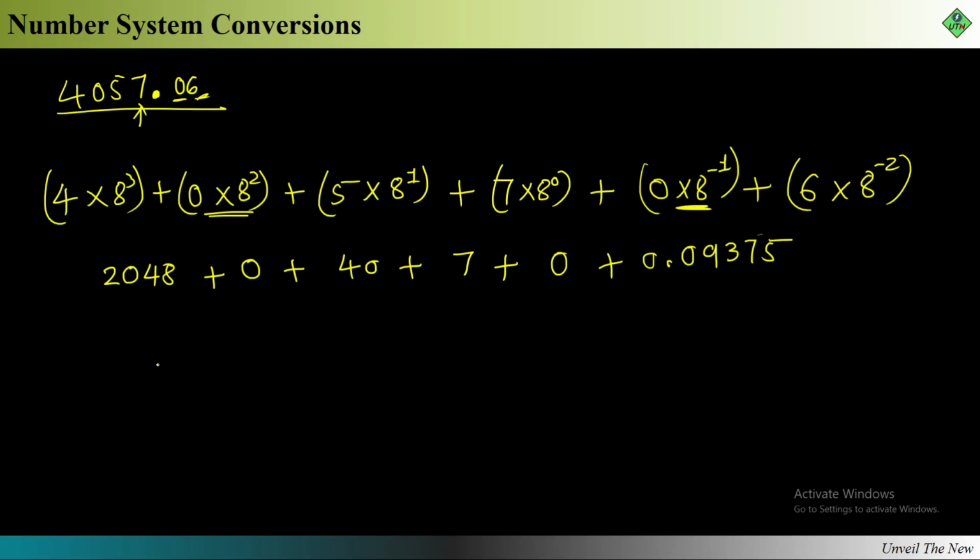At the end, if you do the total, your answer will be 2095.09375. So this is the decimal of the octal 4057.06.